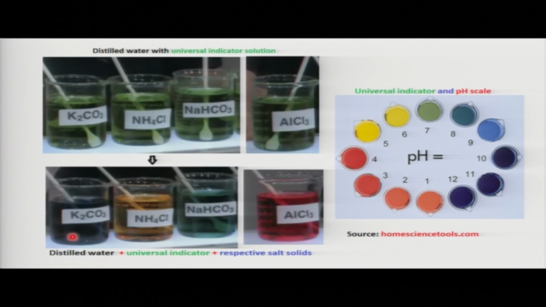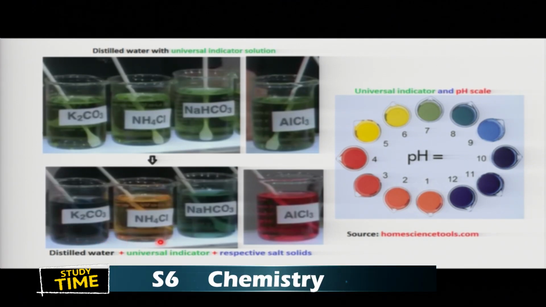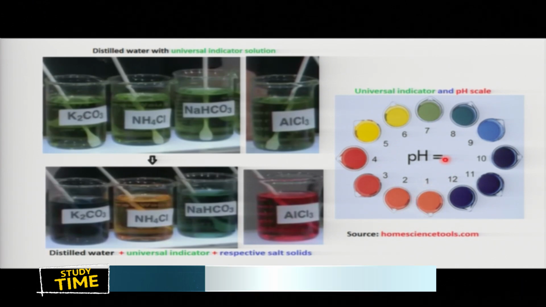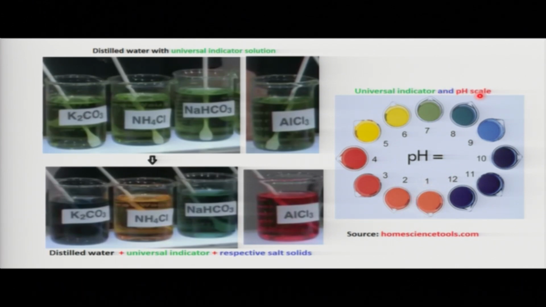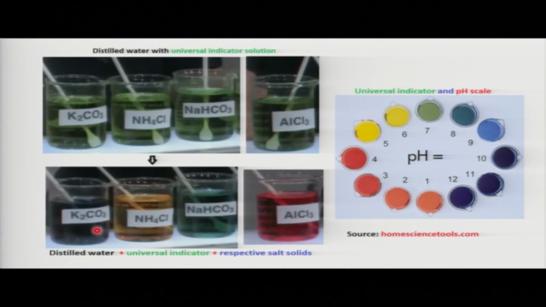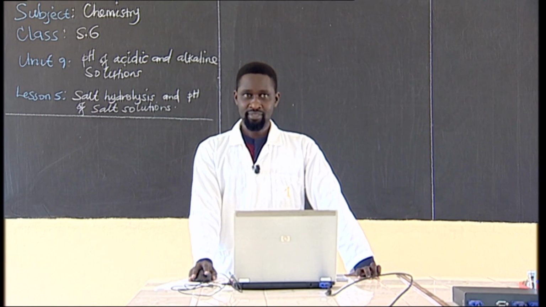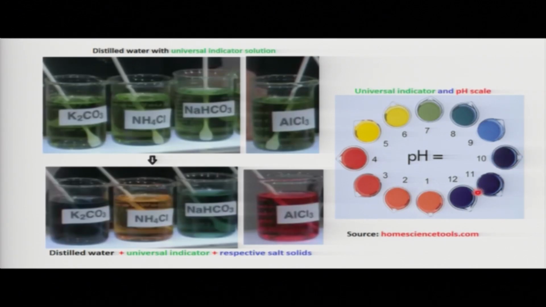So here are the results of the addition. Take a close look. Compare these beakers with our pH scale. What do you notice? Let's start with potassium carbonate. What color is potassium carbonate? Look closely at our pH scale.